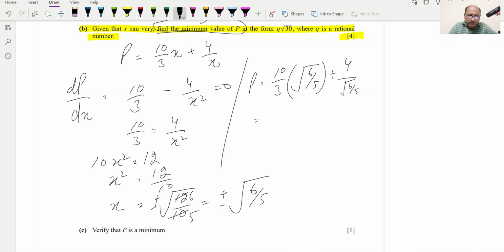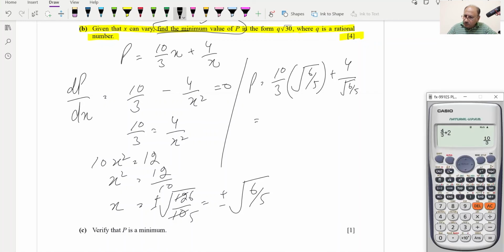Now we can simplify with the help of calculator. So it will be 10 over 3 multiplied by square root fraction 6 over 5, bracket close, plus 4 over root fraction 6 over 5, and this will give us the answer as 4 over 3 under root 30.